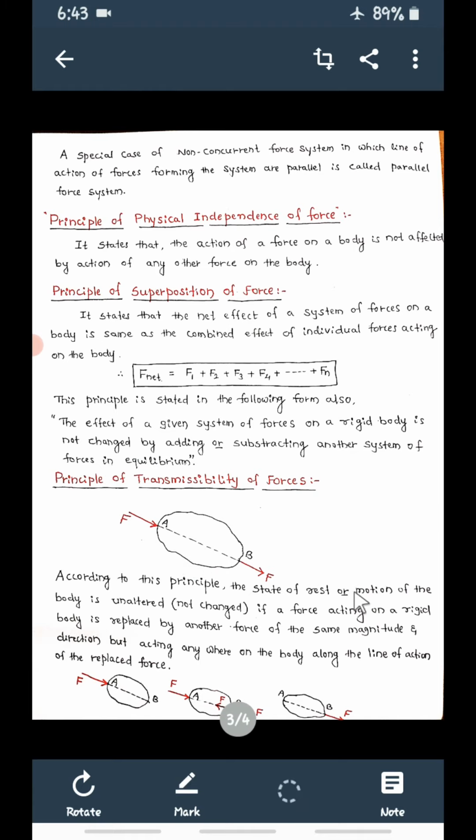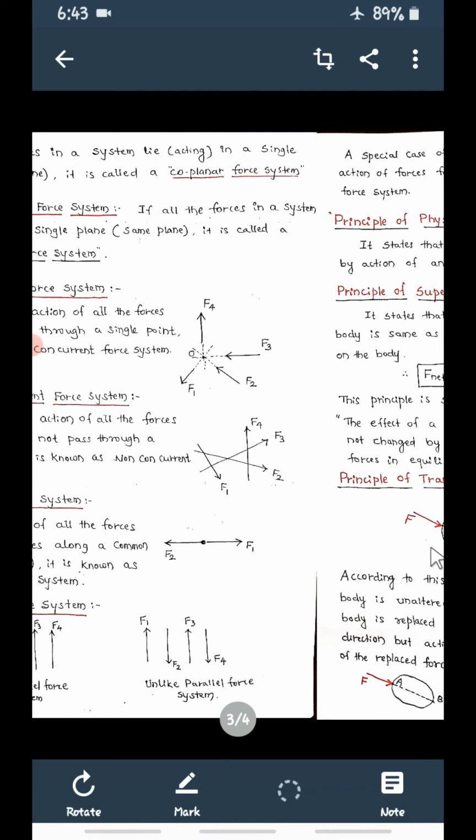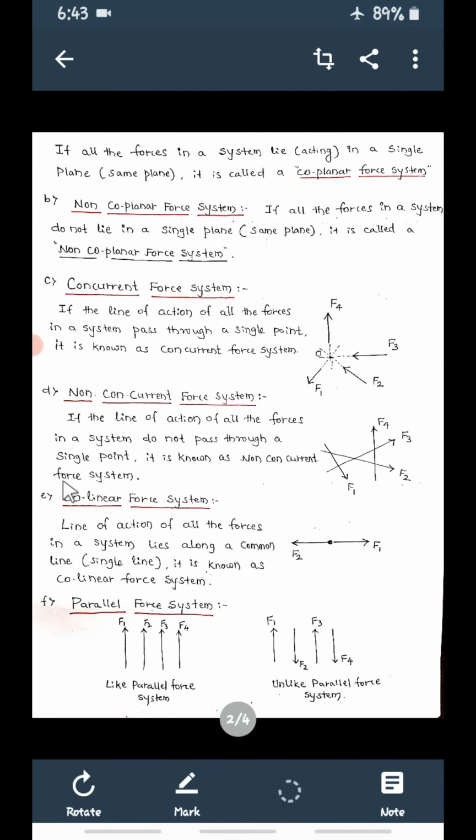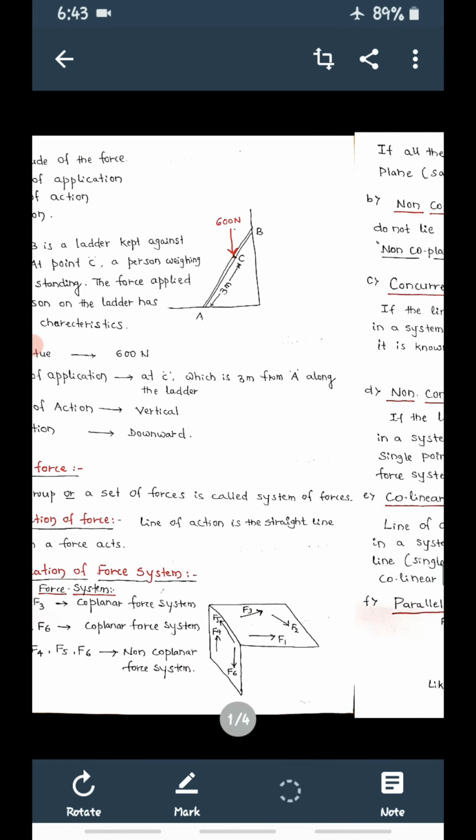So this principle is called as principle of transmissibility of forces. So remember these three principles. One is principle of physical independence of force, principle of superposition of forces, and principle of transmissibility of forces. Okay, this is an important question they may ask in the examination. And before this, what you have studied?